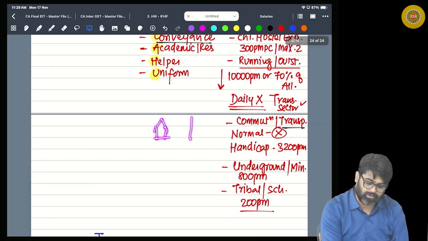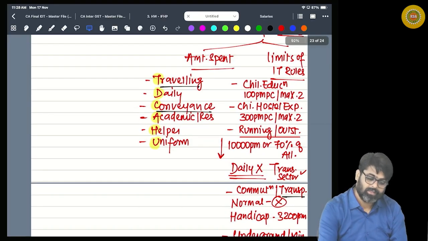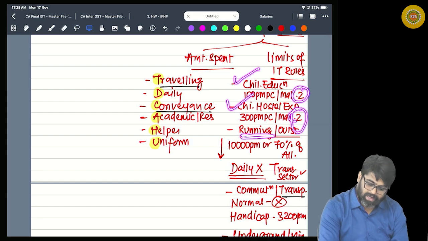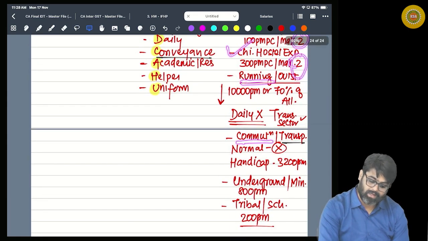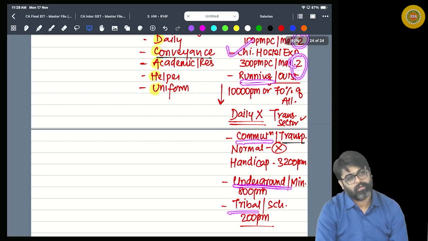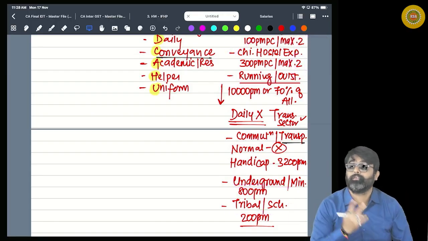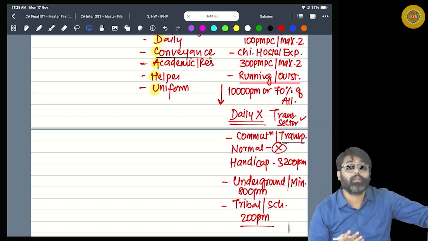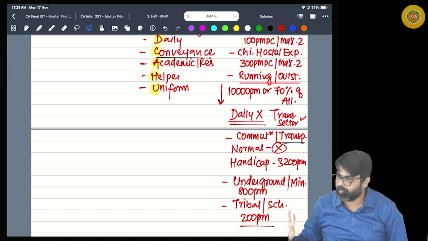Office to residence, residence to office. Meaning, children, 2 children, running and commuting. Running and where? Underground in tribal area. Done. So these names will be remembered.